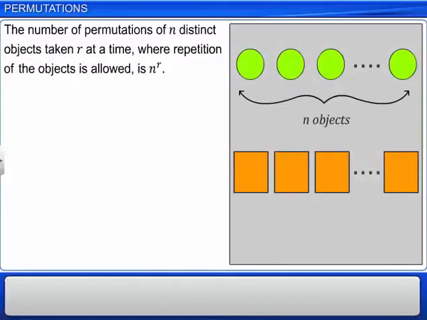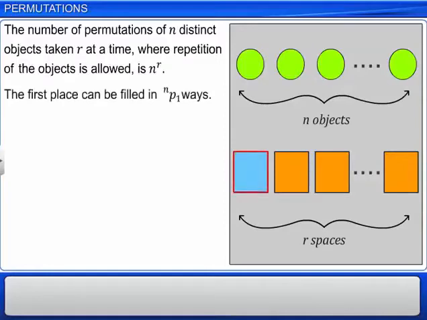Suppose there are n distinct objects and r spaces. The first place can be filled using n objects in np1, that is, n ways. Since repetition of objects is allowed, we have n objects available to fill the second place.